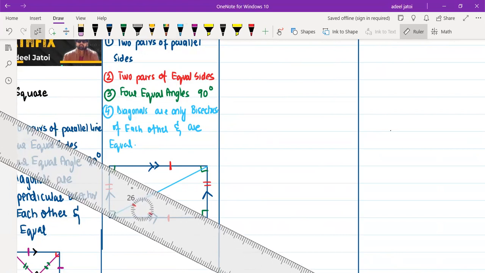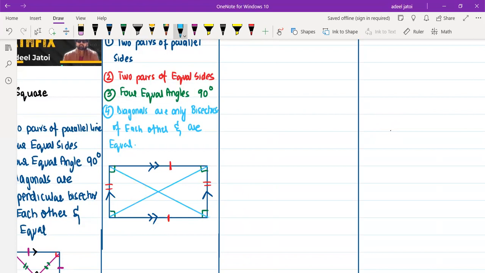That means they are intersecting, but it is not creating 90°. Perpendicular means that they are creating 90°. Whenever the question says perpendicular, that means it is creating 90°. And when the question says bisector, that identifies the intersection between the two lines.